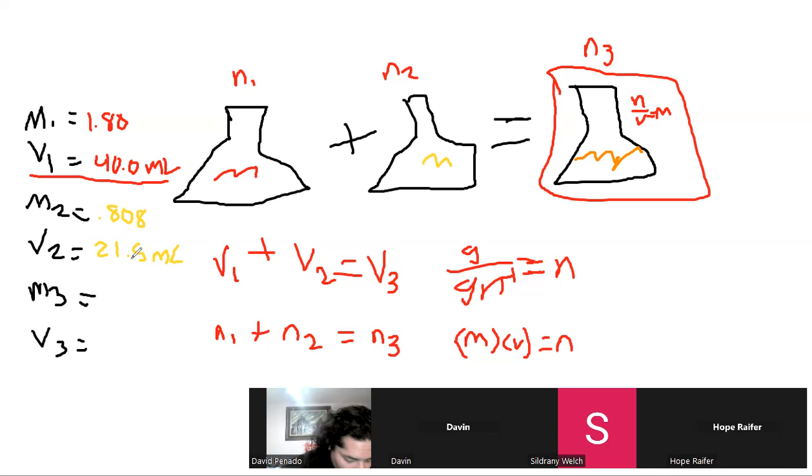And N2 is 0.017372. So for N3, I got 0.089.